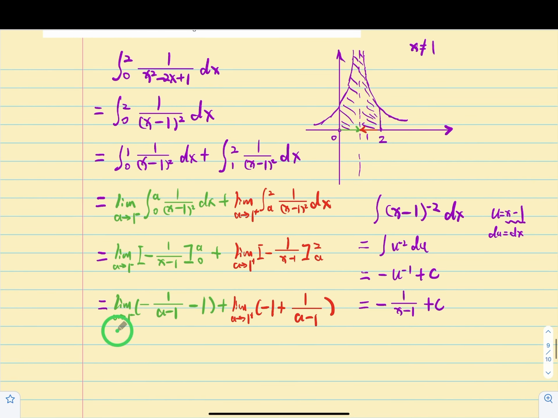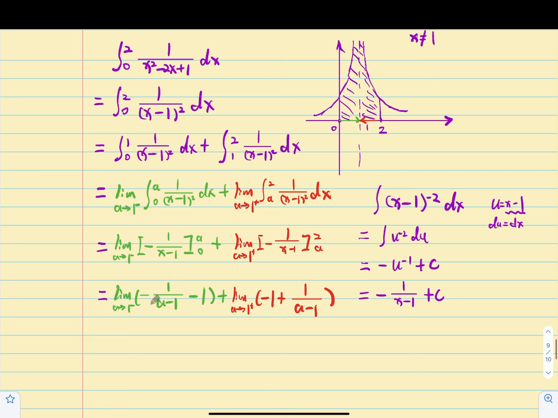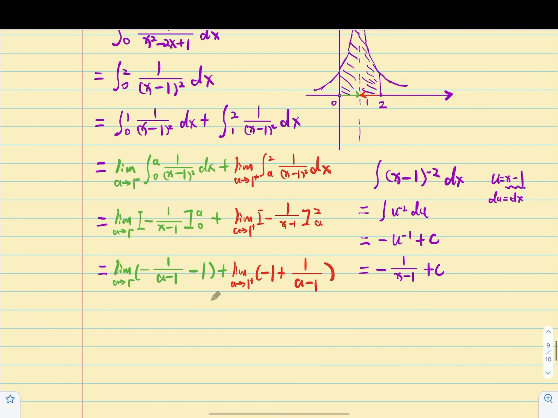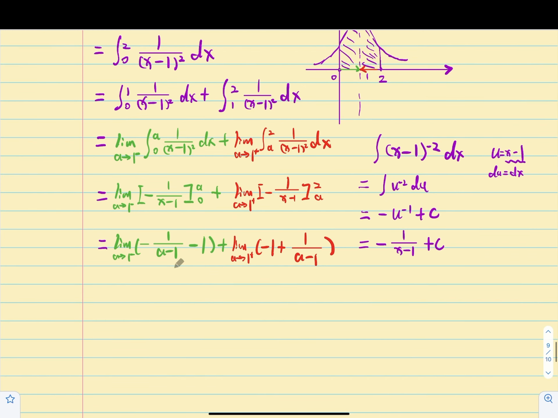This part approaches 1 from the negative side, so we can put a 0.9 into here, and maybe 0.99, and 0.999 into here, so this thing will be very small.